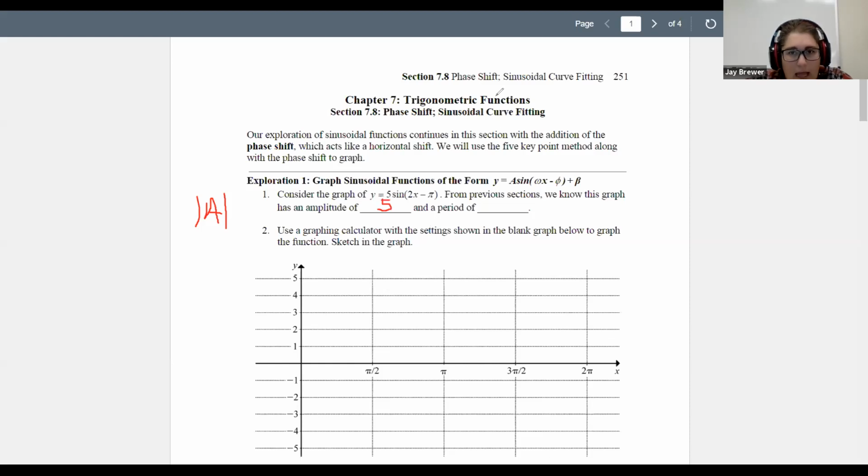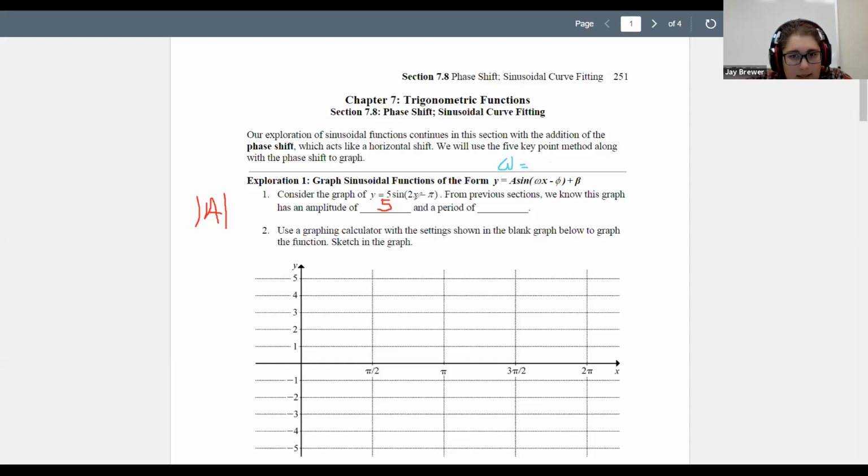Okay. And period is found by taking omega, which a lot of students like to call the double W's, but it's actually a Greek letter called omega.